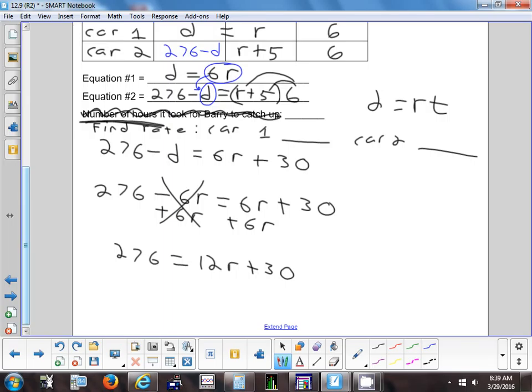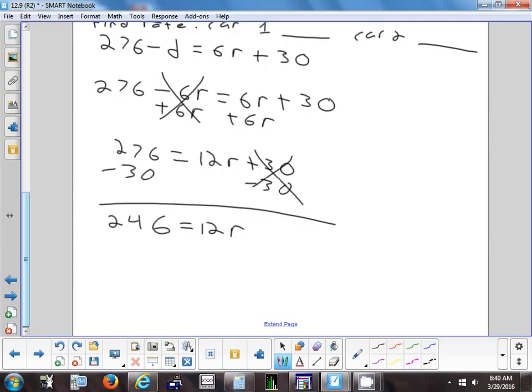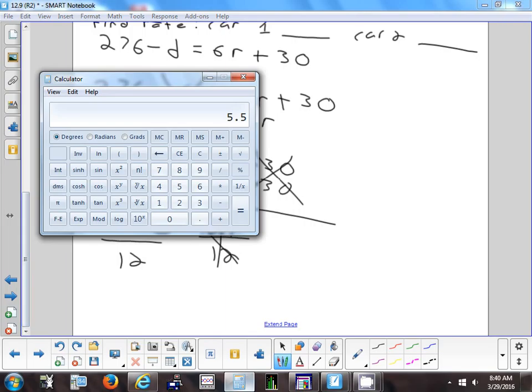Minus 30, good. 276 minus 30 gives me 246. And what's my last step to find R? Divide by 12. Good. So it seems like once we get the equations set up, you guys are pretty good at solving it with the algebra. It's just tricky to get those equations.